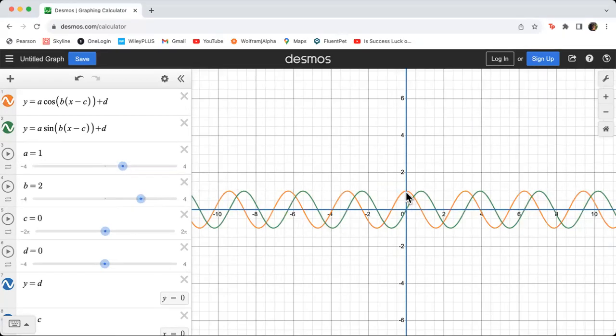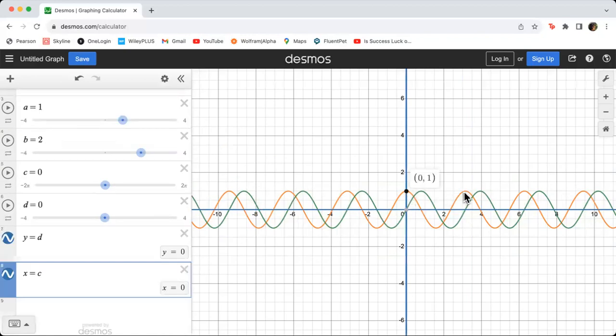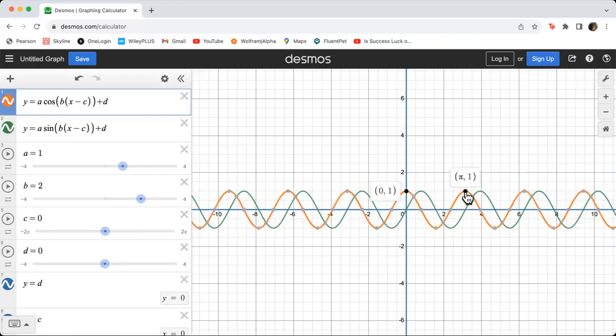The period got smaller. Instead of the period being from 0 to 2 pi, the period only went from 0 to pi. When b got turned to 2, the period got cut in half. If we go all the way out to 2 pi, we get 2 cycles.